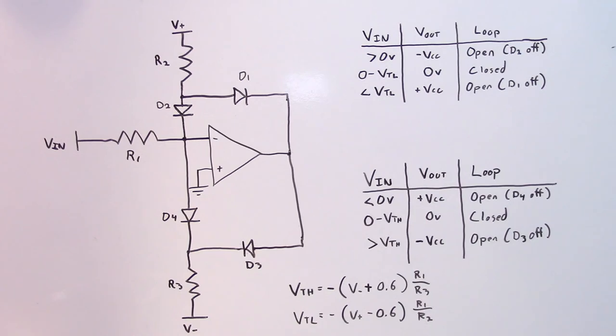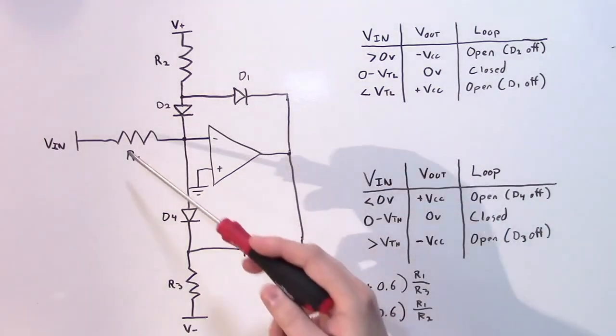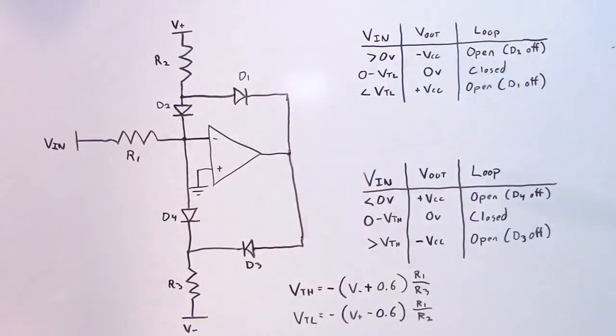So you can combine these two together and you can set a high trip voltage and a low trip voltage. And you can control these individually by controlling the V minus and V plus voltages we have here, as well as the ratio of R1 to R3 and R1 to R2, as you can see here.